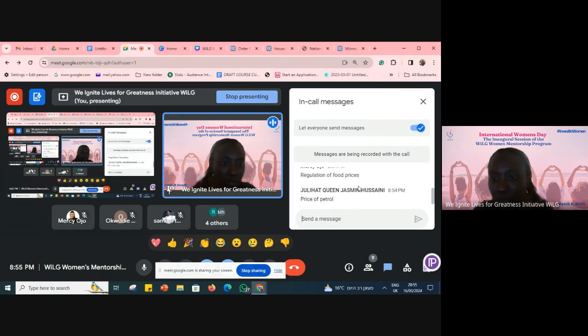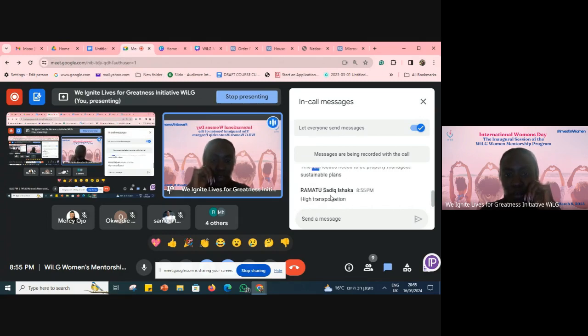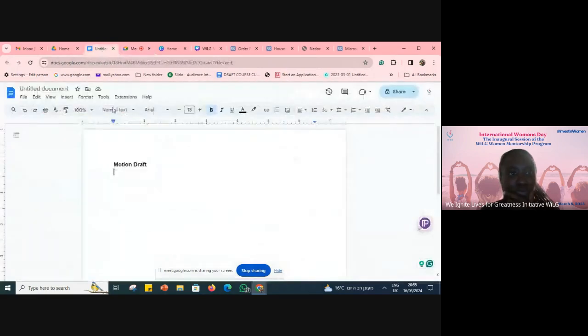So price of food, price of petrol, good. The fuel issue. Okay. So we have two issues. The fuel issue, high cost of transportation. Yeah, that's really, really disturbing us. So we have food.